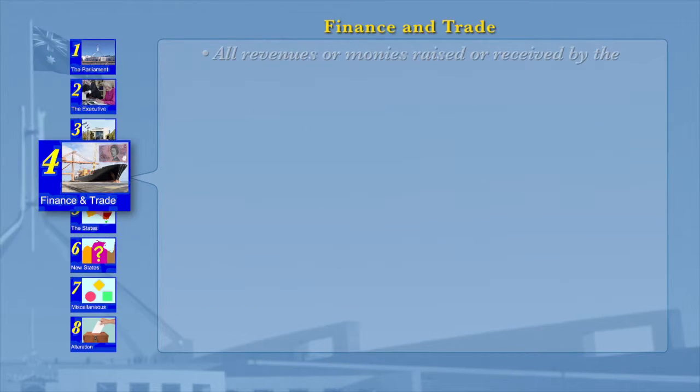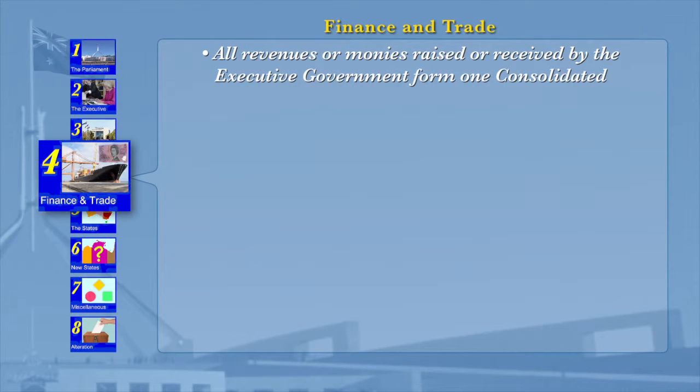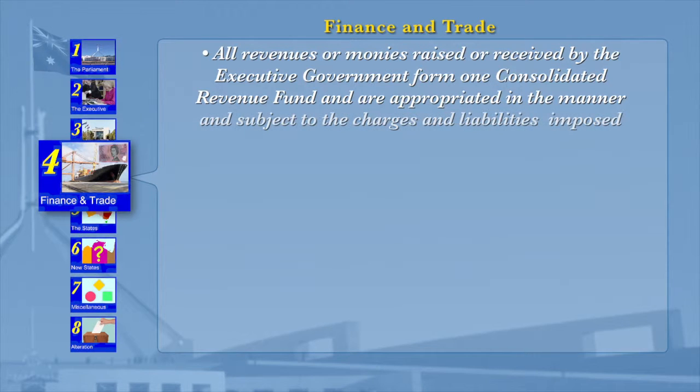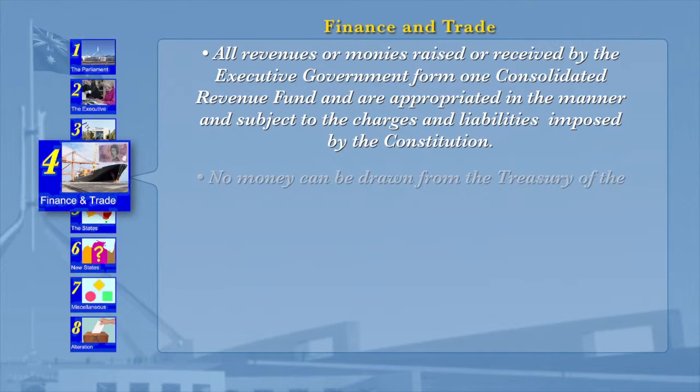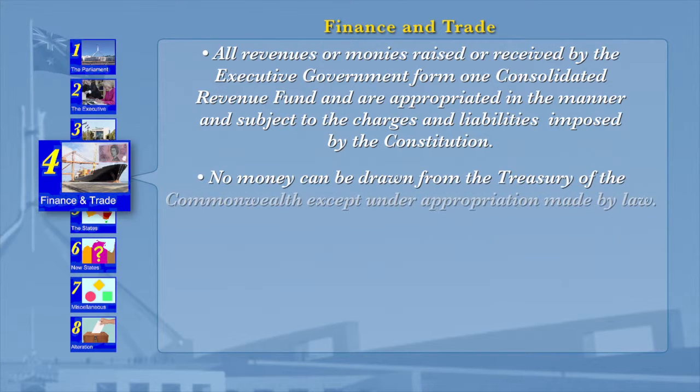All revenues or monies raised or received by the executive government form one consolidated revenue fund and are appropriated in the manner and subject to the charges and liabilities imposed by the Constitution. No money can be drawn from the Treasury of the Commonwealth except under appropriation made by law.